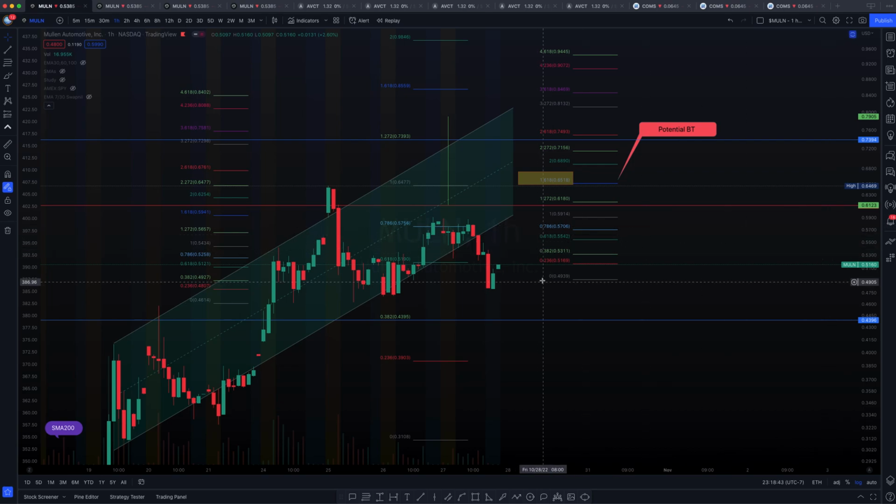Yeah, so we have found support at our 0.236 from the first day, which is right over here. You can actually see that we closed right at it, and we have since recovered and found resistance at the next 0.236, which was yesterday's range.